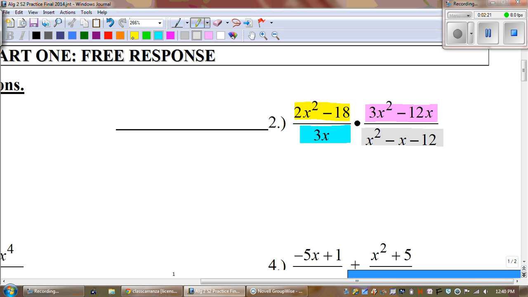All right, so in the yellow, I can factor out a 2, and then we're left with x squared minus 9. But wait, can I keep factoring that? Yeah, I can take the square root of that, and we're left with 2, x plus 3, x minus 3.